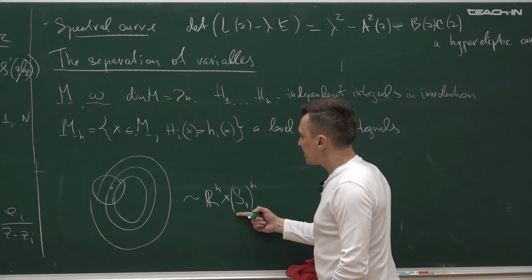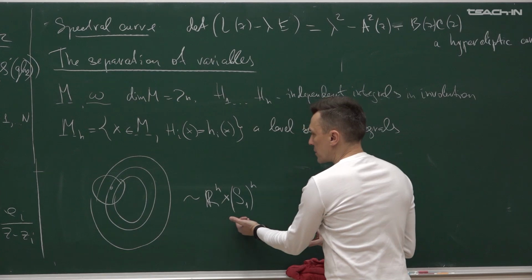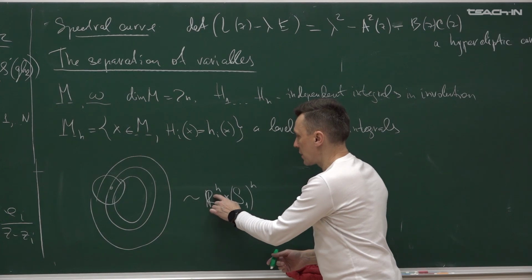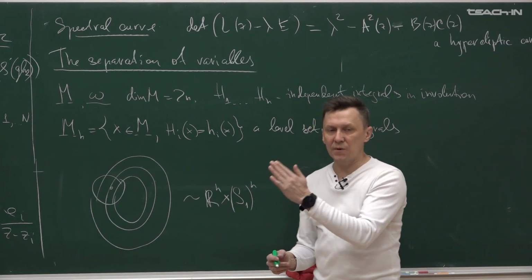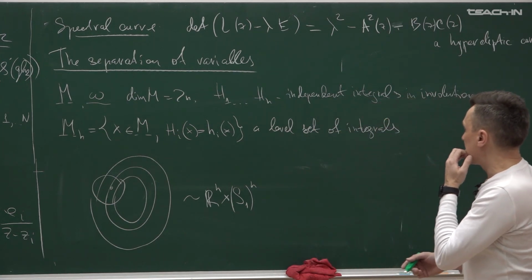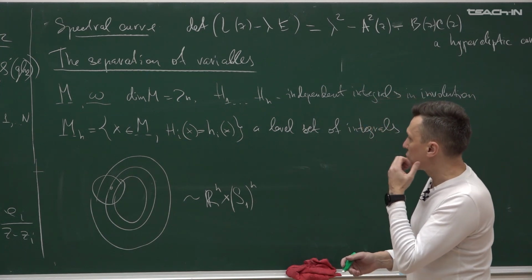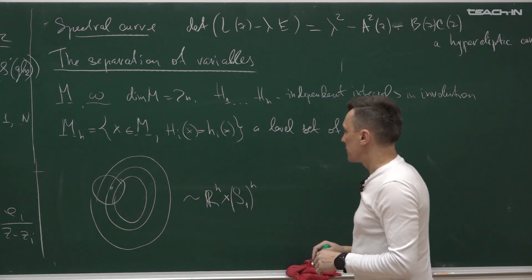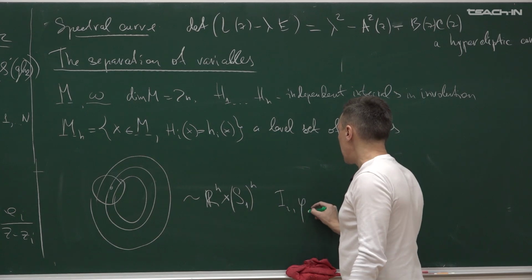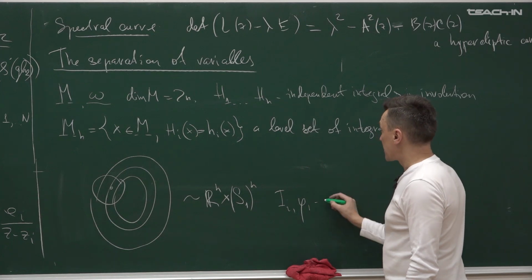So it is just the direct product of some open set in R^n multiplied by the torus. It's a fibration by Lagrangian tori. And one can introduce very good variables in this space, the variables E_i and phi_i, which are called action angle variables.